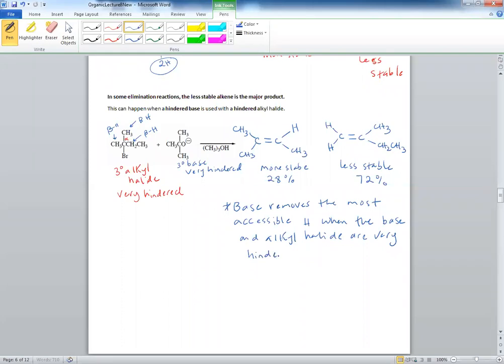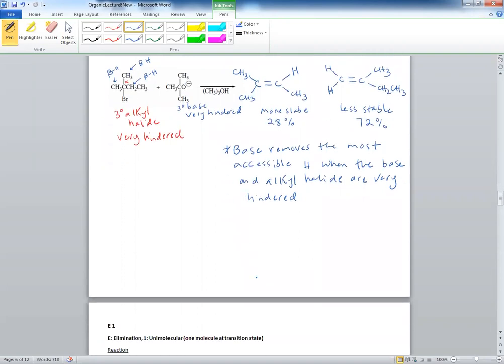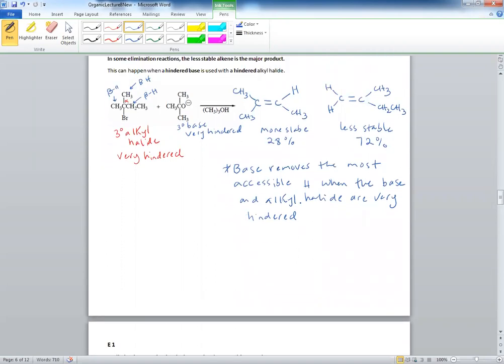That's the key. So keep that in mind. Chemistry has, of course, exceptions, but make sure you understand what these exceptions mean.